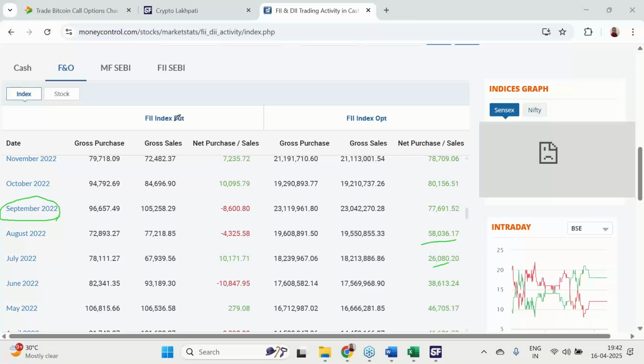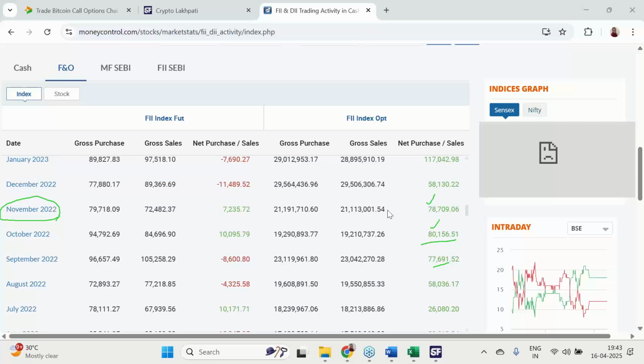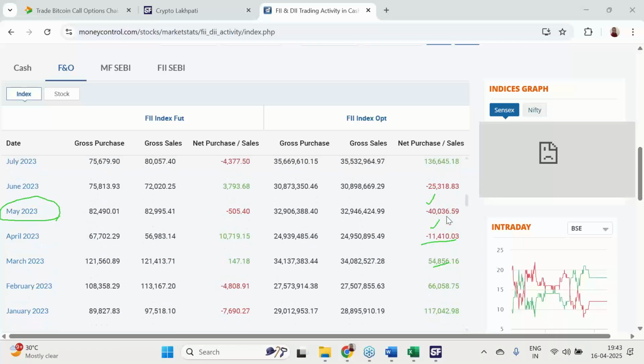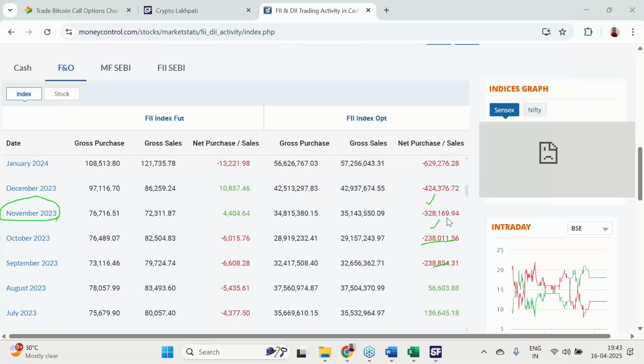Our net F&O turnover by the FIs was 58,000 crores, 70 crores like that till September 2022. October onwards it has started jumping up slightly, in between some pause. Then September 2023 onwards, havoc.